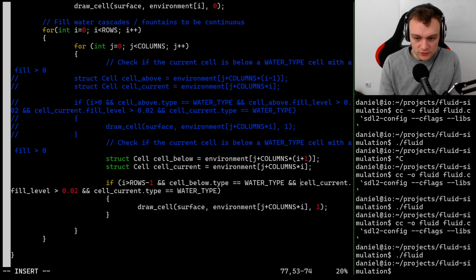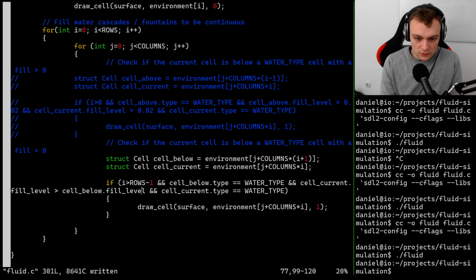But the cell current.fill level is anything, then probably it will fall. No, we have to check, is the cell current.fill level bigger than the cell below dot fill level? Let's see.